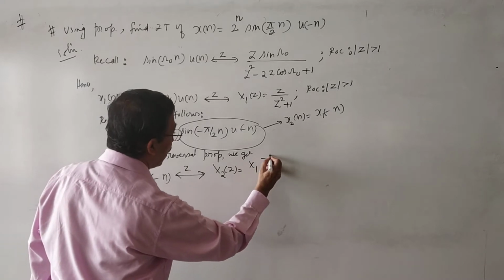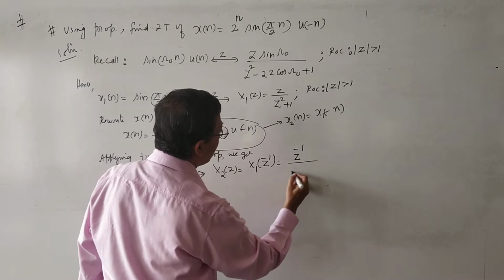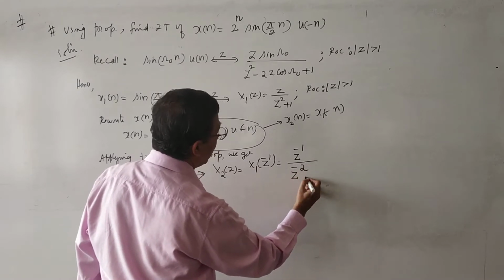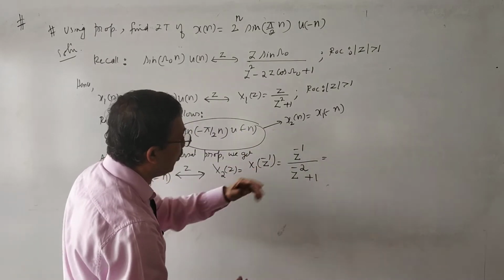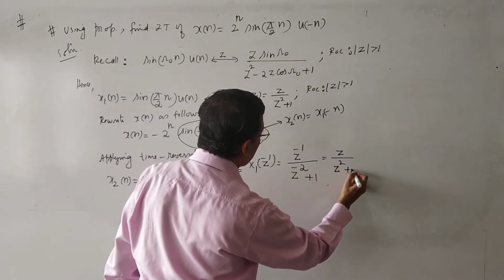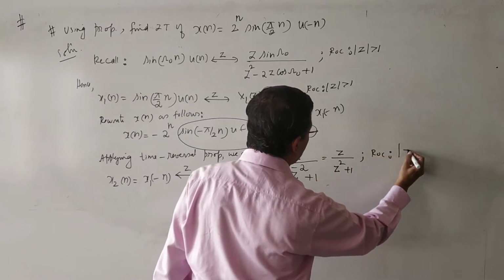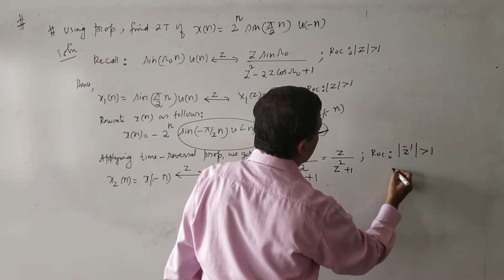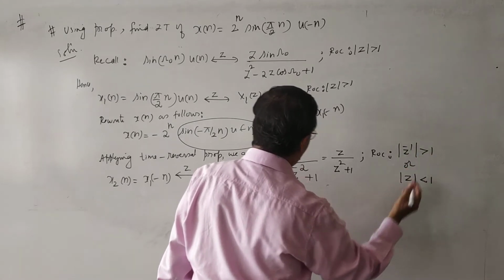You get x1 of z to the power minus 1. That means z to the power minus 1 divided by z to the power minus 2 plus 1. Multiply numerator by z square, denominator by z square, that gives z divided by z square plus 1. In the ROC also replace z by z to the power minus 1. So if you take reciprocals, you get mod z less than 1.